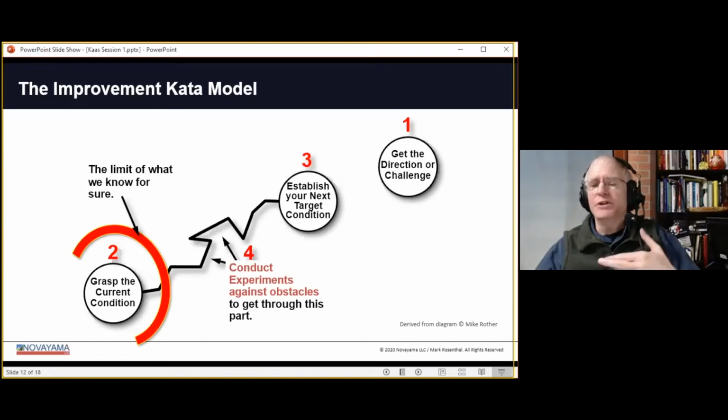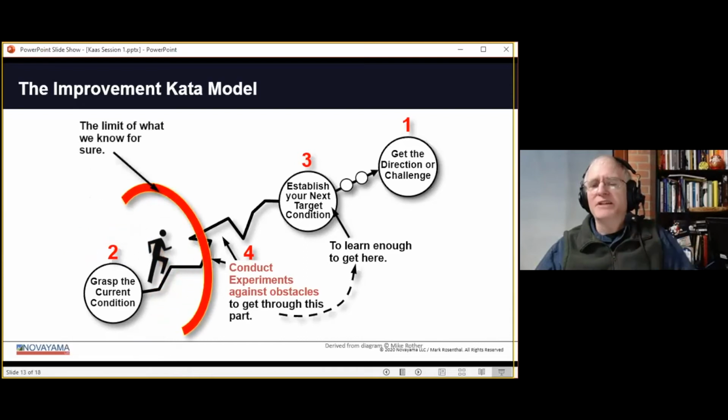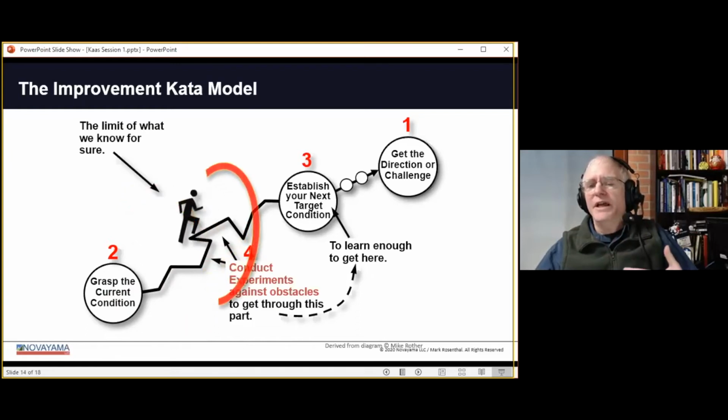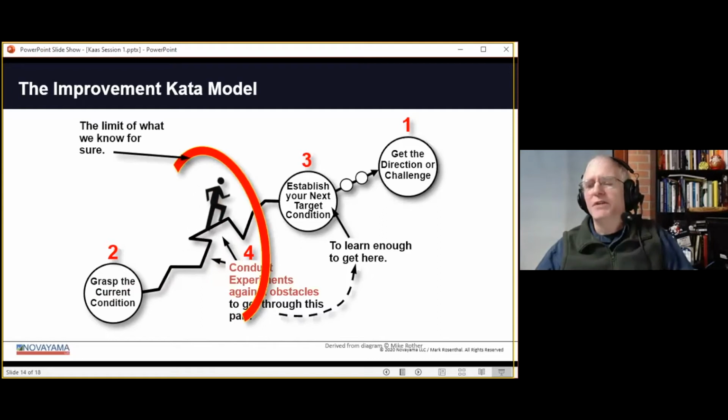What I'm going to do is run experiments, and each step of the way, I will be learning. As I learn a little bit, I advance my threshold of knowledge, and I should be pulling the current condition up behind me, because the current condition changes as I go, right? And I learn a little more, and my threshold of knowledge advances.